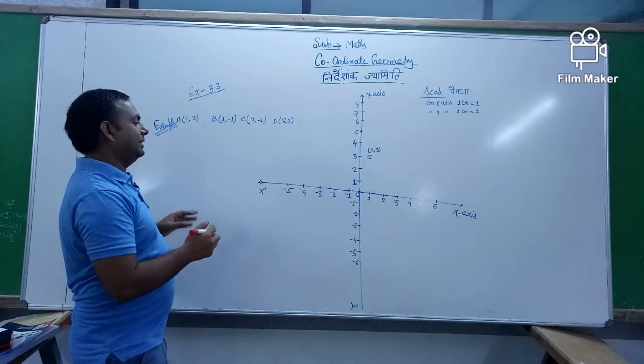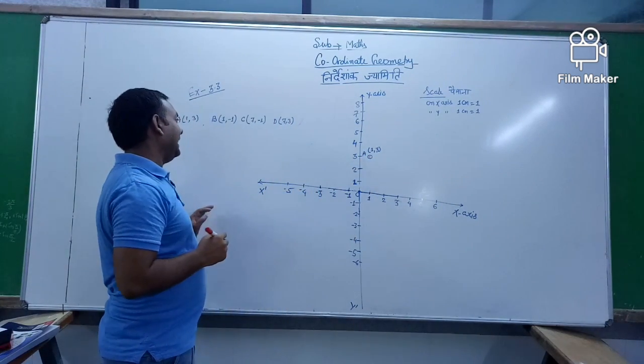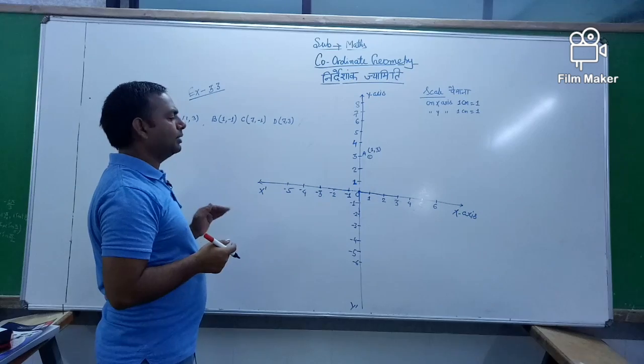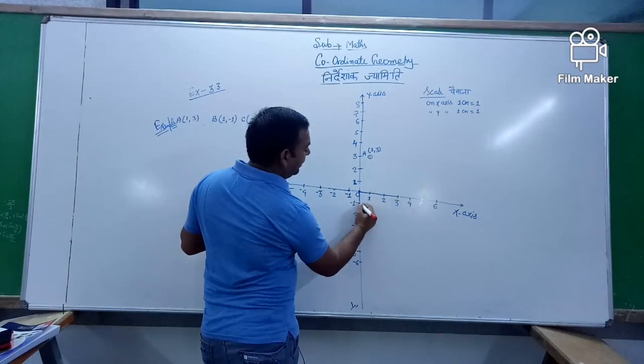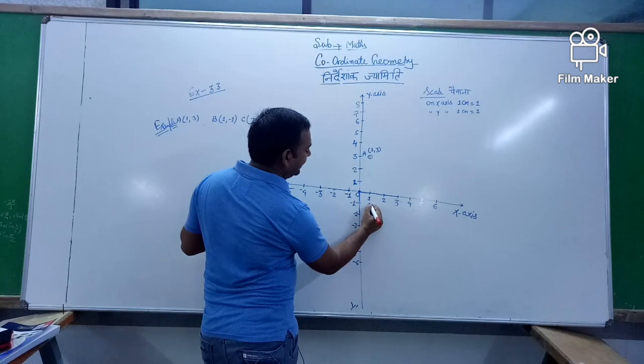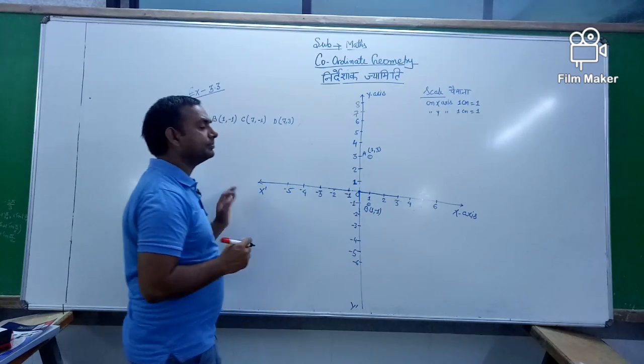Then point B, this is the point A. Point B, x is equal to 1 and y is equal to minus 1. Here you see that x is equal to 1 and y is equal to minus 1. It means that point is B.